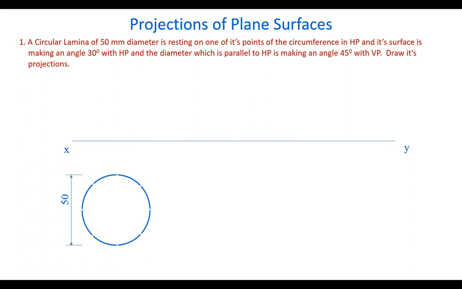That is 50 mm. Now coming to this circle, we need to take the points. If it is a polygon, we have the corners. But here on the circle, we don't have any points on it. It's a smooth curve. So we take a number of points on the curve by dividing the circle into some 8, 12, 16 equal parts.